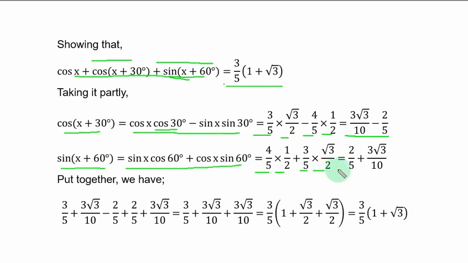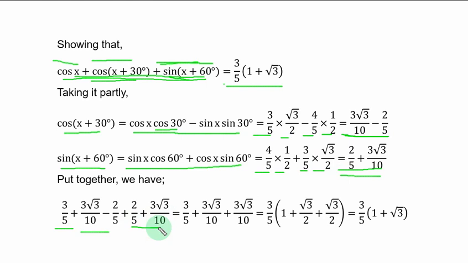When you simplify, you have this result. Now we consider the whole expression. Cos s is 3/5 plus the value for this compound angle, which is this, it follows, plus the value for this compound angle, which is this, it also follows.